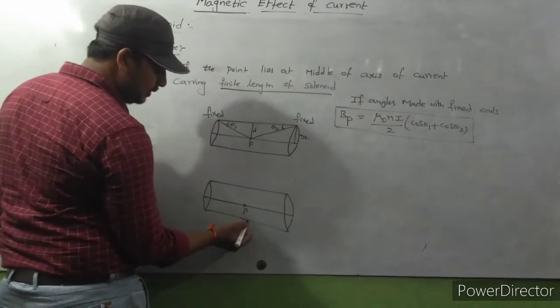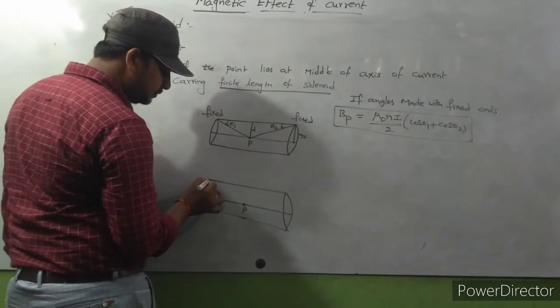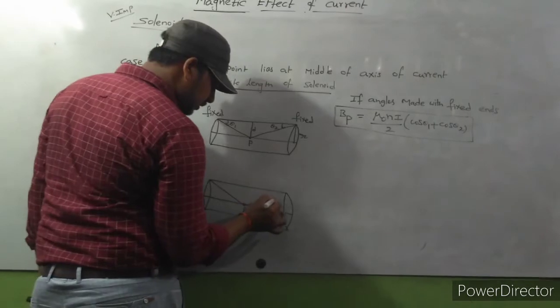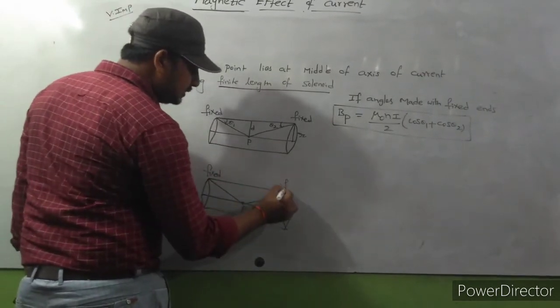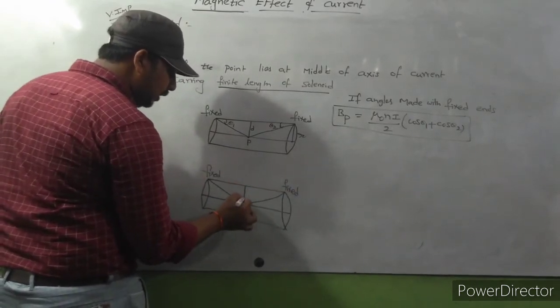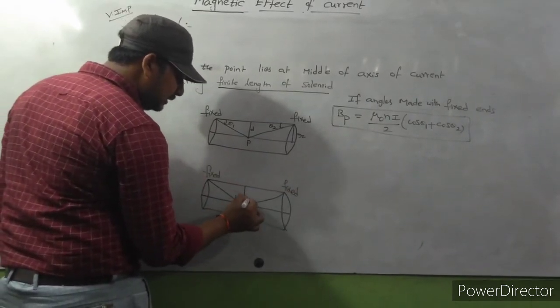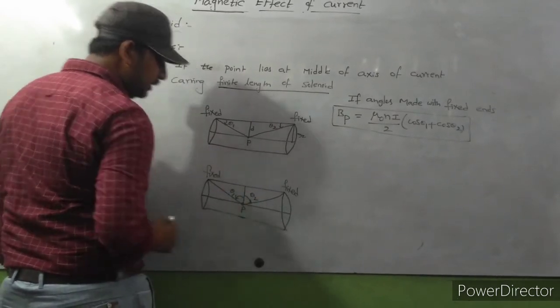Here only the point is the same, but the thing is, this is a fixed end and this is a fixed end. The angles are given at the known point, like this: this is theta 2 and here it is angle theta 1.